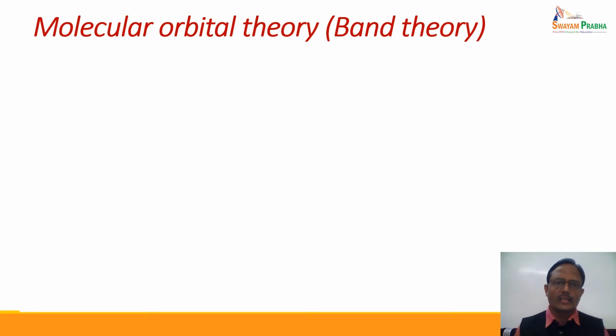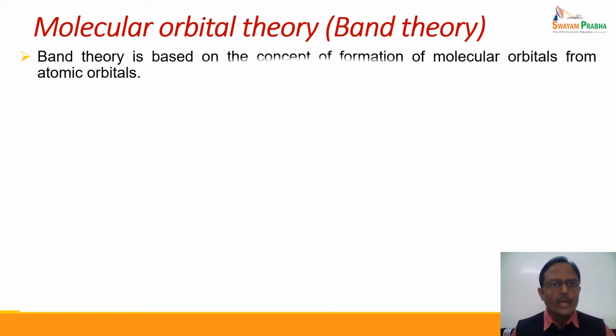Coming to the third theory of metallic bonding, that is the molecular orbital theory, or generally called the band theory of solids. Now, according to band theory, it is based on the concept of formation of molecular orbitals from the atomic orbitals. According to Mulliken's molecular orbital theory, we have discussed previously that the atomic orbitals combine to form molecular orbitals, the bonding and anti-bonding molecular orbitals.